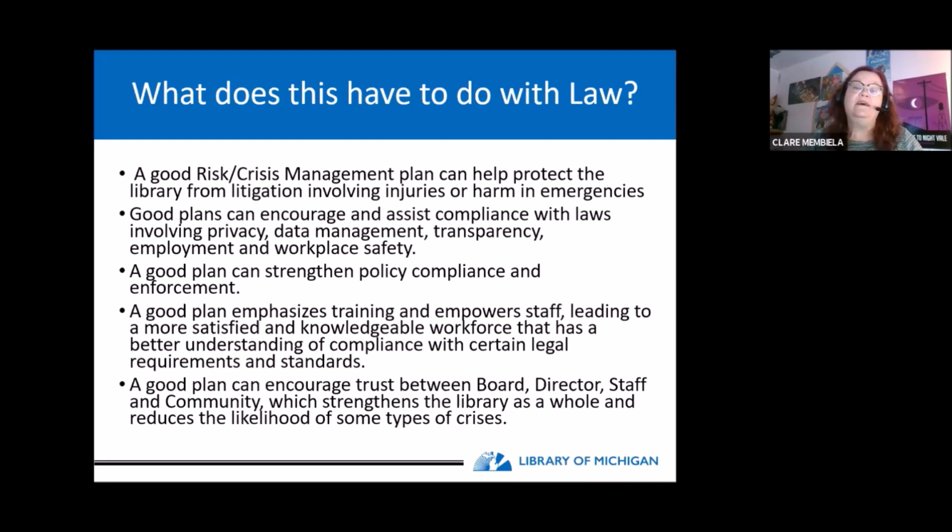It also means making sure that maybe certain members of the library staff have the ability to make certain financial transactions in a crisis that they wouldn't normally have. So again, it can foster some trust and open up some new conversations between the board and the director, as well as the director and the staff and the community.